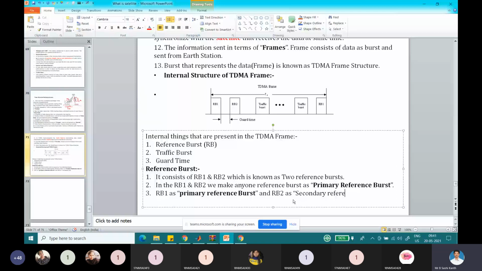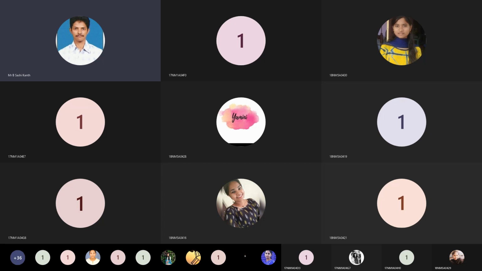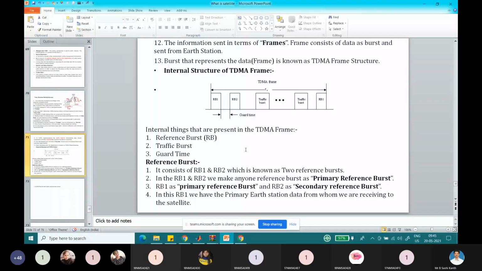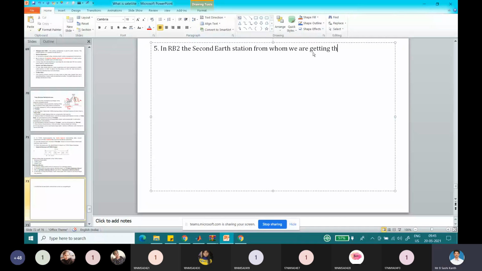From whom we are getting the data to the satellite is stored.